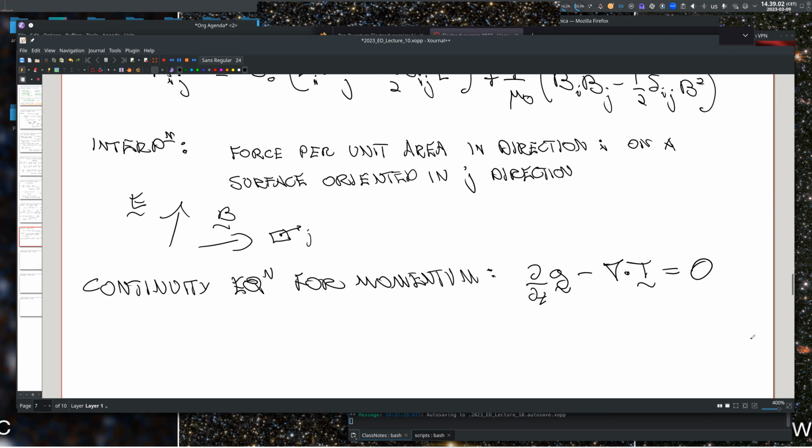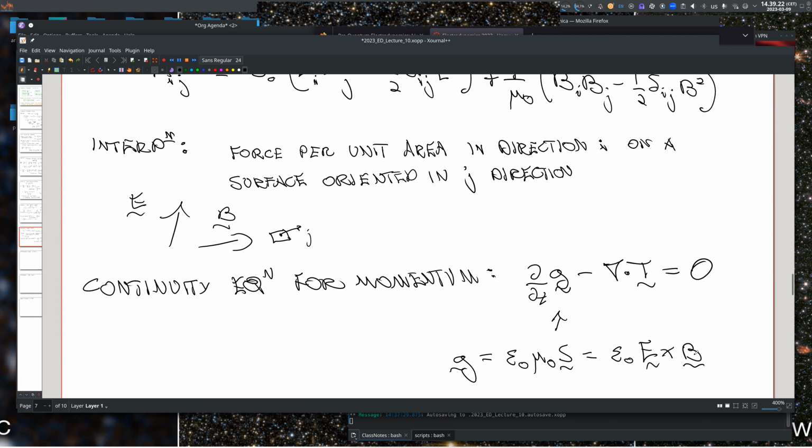It's the same kind of equation. This g here is just epsilon_0 mu_0 S, which you can rewrite as epsilon_0 E cross B.